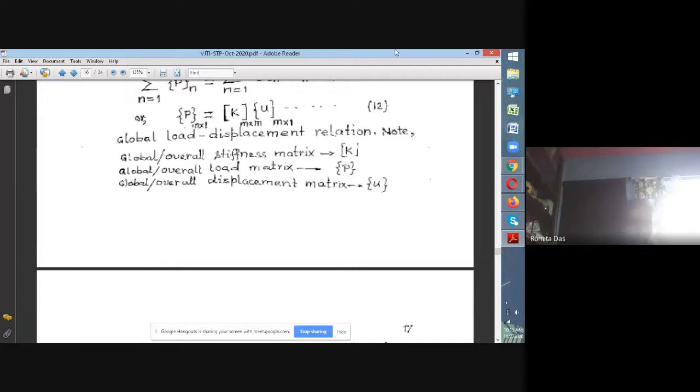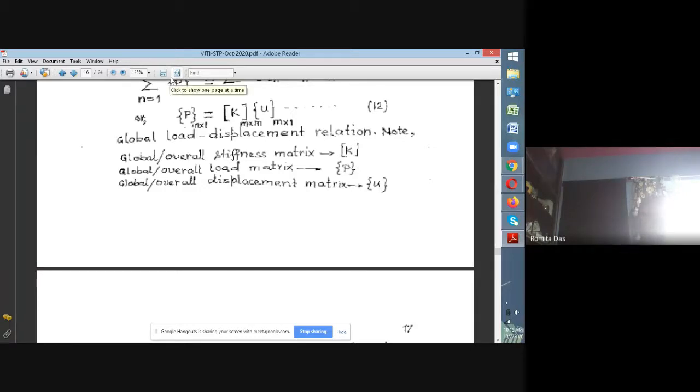And once you have this, look again at these last 3 lines. In the global load-displacement relation, note here that the capital K matrix is called the global or overall stiffness matrix for the whole domain. The P load is the global or overall load vector, and the global or overall displacement matrix is U. And herein the size of the global stiffness matrix is m by m.